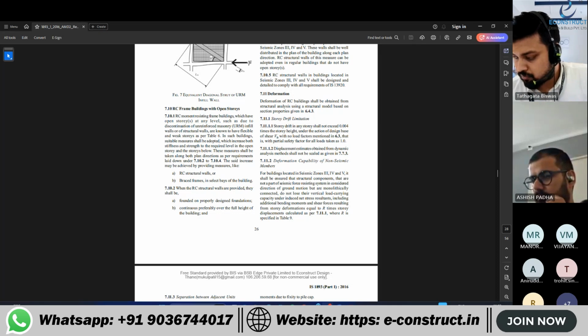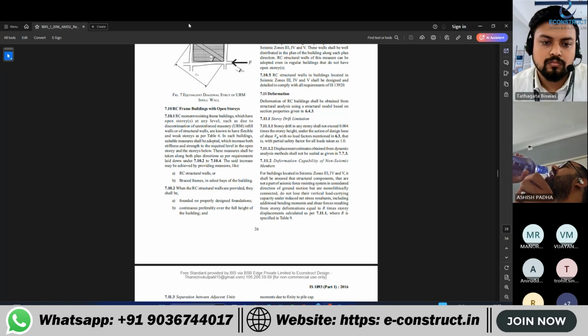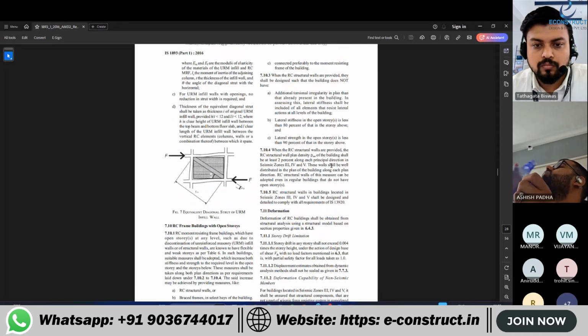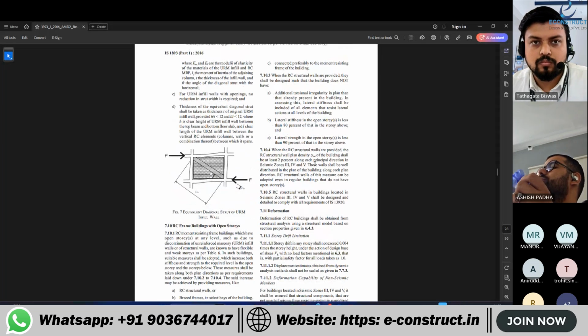B. Lateral stiffness in the open story is less than 80% of the story above. And C. Lateral strength of the open story is less than 90% of that in the story above. That means the stiffness irregularity, right? Soft story.